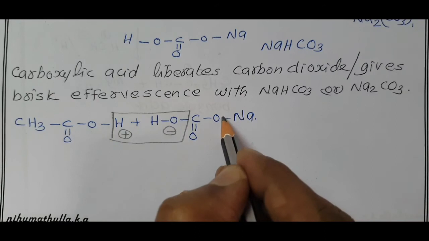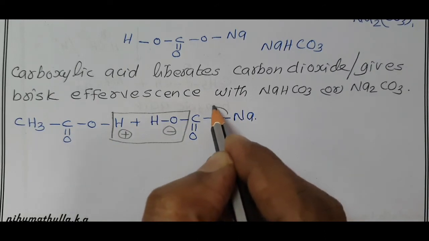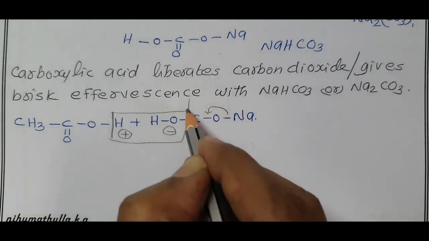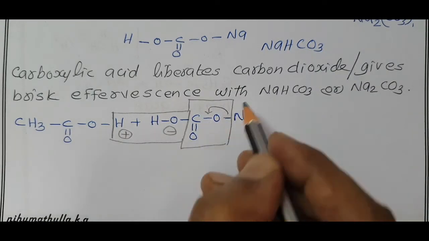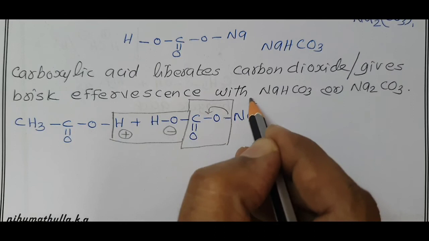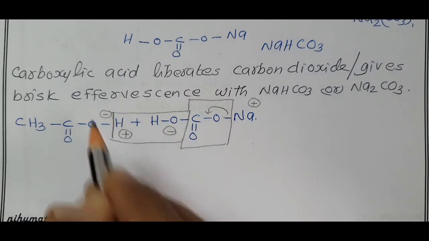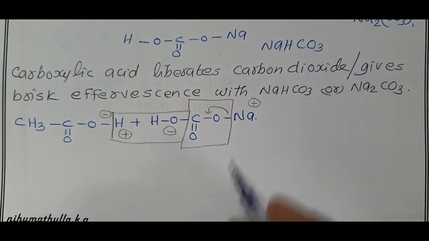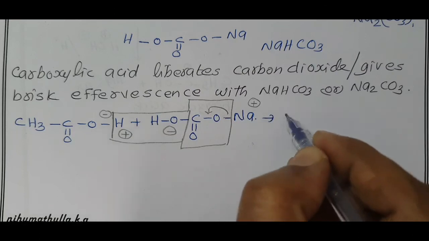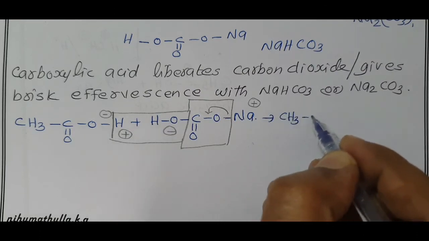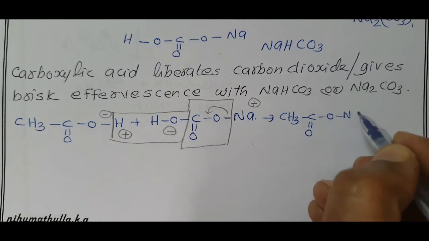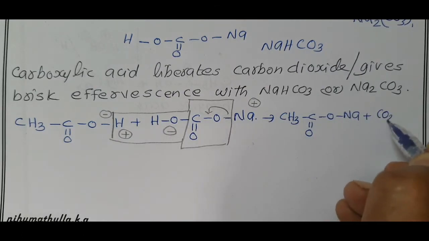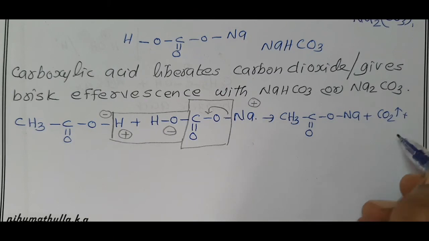The bond between metallic sodium and oxygen is shifted between carbon and oxygen. Carbon dioxide is liberated. This gives brisk effervescence. This Na plus added to acetate minus gives the salt. So CH3C=OONa plus carbon dioxide plus as usual H2O.